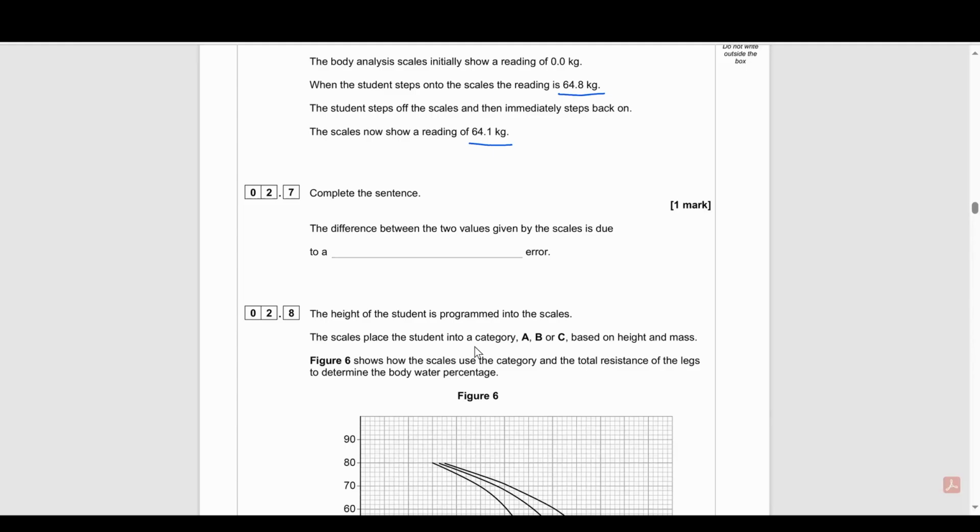Well, what it can't be is a zero error because it was set to 0 and that was a reading with nothing on there. So if it's not a zero error, there is no other reason to explain this change other than it being a random error.